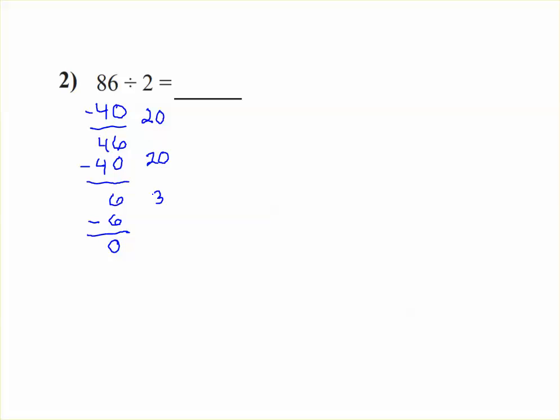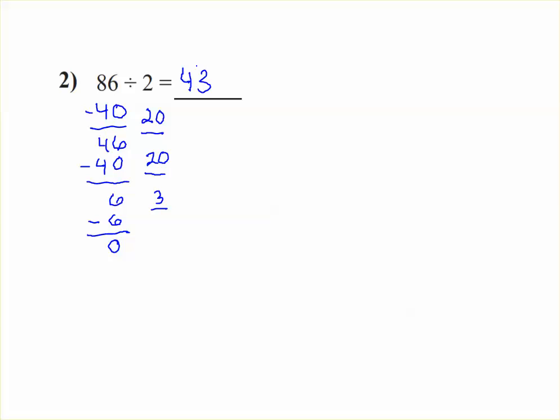So how many people could fit onto the airplane? Well, 20, 20, and 3. That would be 43 groups of 2. 43 groups of 2 could fit on the airplane, and that would fill all 86 seats.